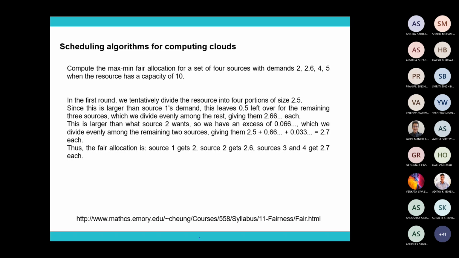Let's take the four users as A, B, C, D; all of them get 2.5 each. Next you look at the first user. The first user has requested only 2, but he is getting 2.5. But according to max-min, what does it say?